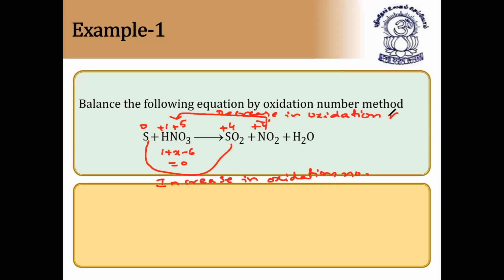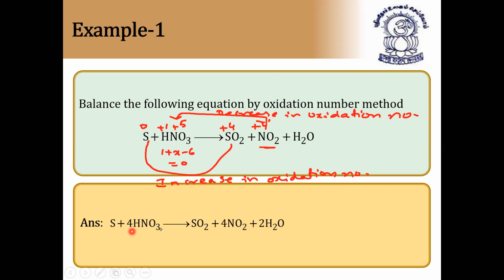Decrease in oxidation number as well as increase in oxidation number. So it is 0 to +4, this is an increase. Sulfur is undergoing oxidation and nitric acid is undergoing reduction. So it is plus nitrogen dioxide. So this is acidic medium. So again, nascent oxygen is formed here. So let us see the answer now.